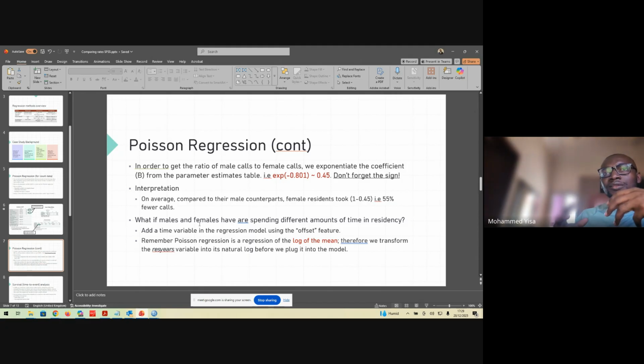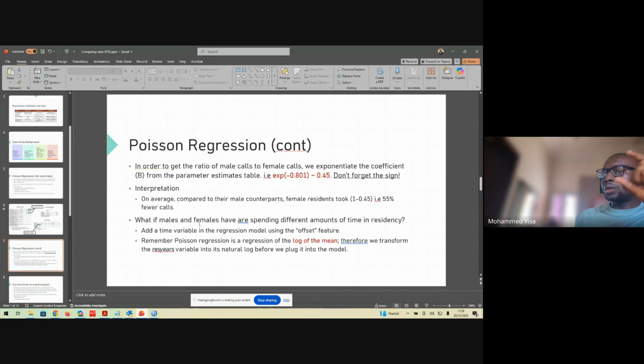So here, because the mean itself, in terms of the difference between the groups, can take on as high a value as possible, in order to make the regression more robust to those variations, we use a log.